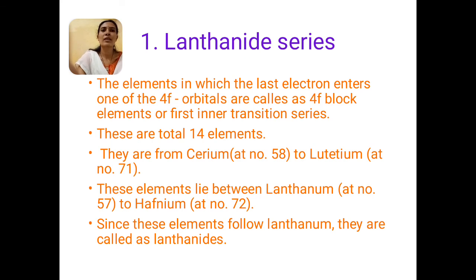So in the lanthanide series, there are total 14 elements starting from cerium having atomic number 58 up to lutetium atomic number 71. These elements lie between lanthanum from D block to hafnium. So total 14 elements are there. These elements follow lanthanum, so they are called as lanthanides.